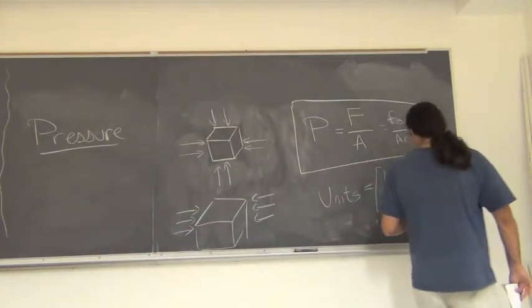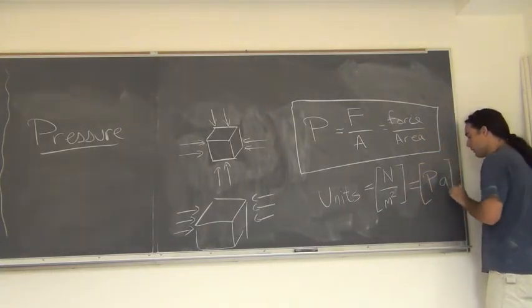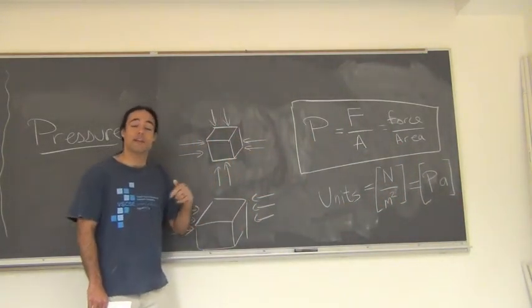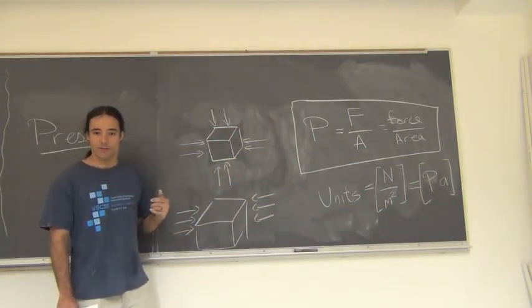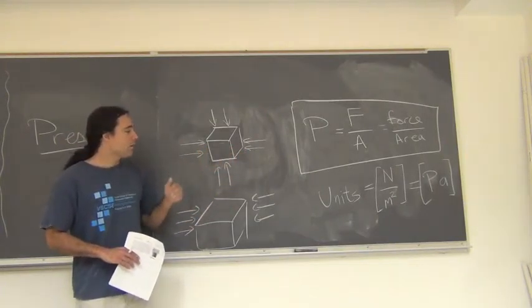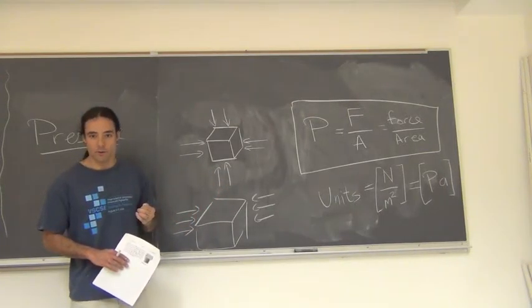And since Pascal had a lot to do with pressure, we renamed that unit the Pascal, just to give it a little bit of a nickname. Newtons per meter squared is sometimes a mouthful. The units of pressure are pascals, which is the same thing as a newton per meter squared.